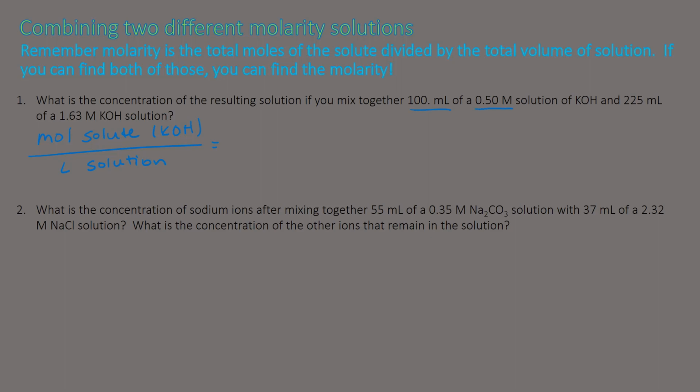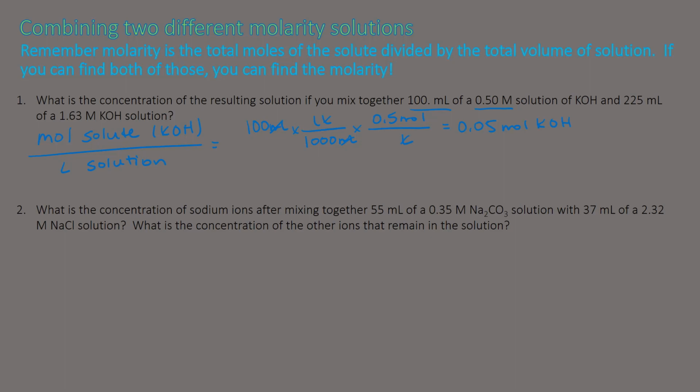So I've got 100 milliliters of 0.5 molar solution. That's going to be 100 milliliters divided by 1,000 to turn it into liters, and then I've got 0.5 moles in every liter. So liters cancels, milliliters cancels, and I end up getting 0.05. So that was the first one. I'm going to do the same thing for the second one.